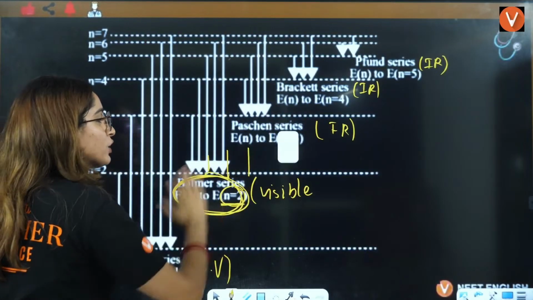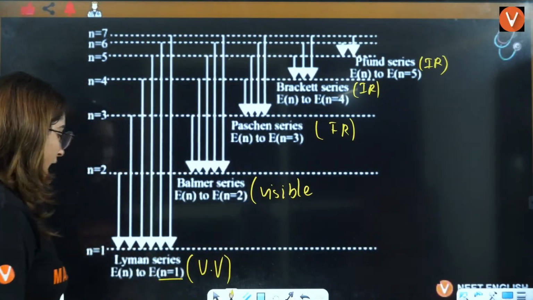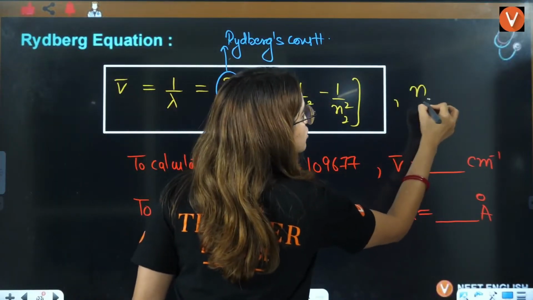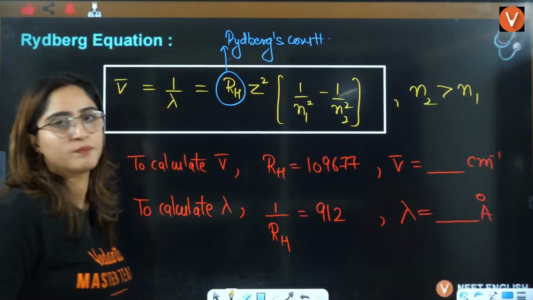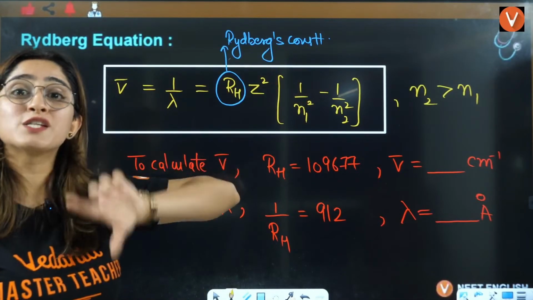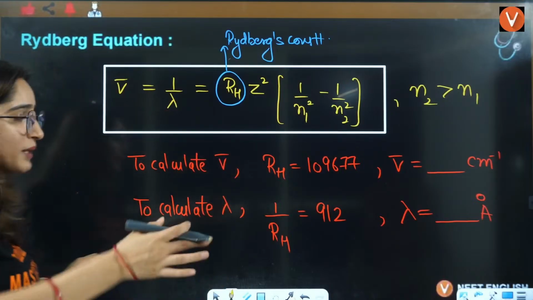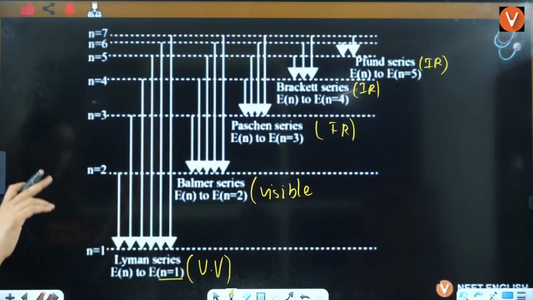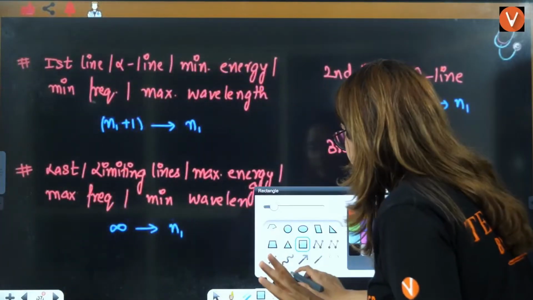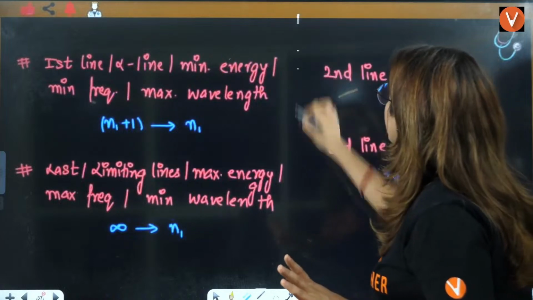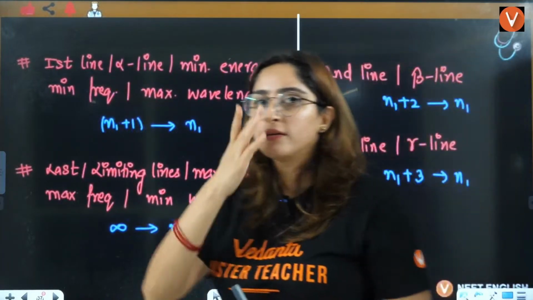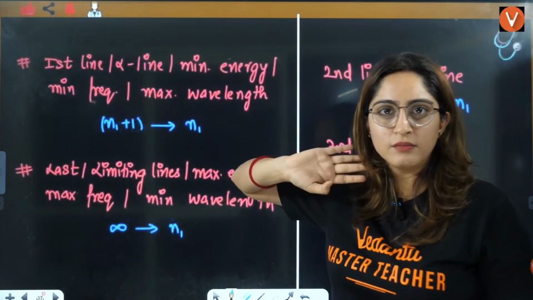So in this formula, N2 should always be greater than N1. The line from where it is coming towards N1 should always be greater than N1. Maybe it is +1, +2, +3, whatever. Now for N2 also we have some important points where they can confuse you. So let's talk about these points. If they gave you first line.